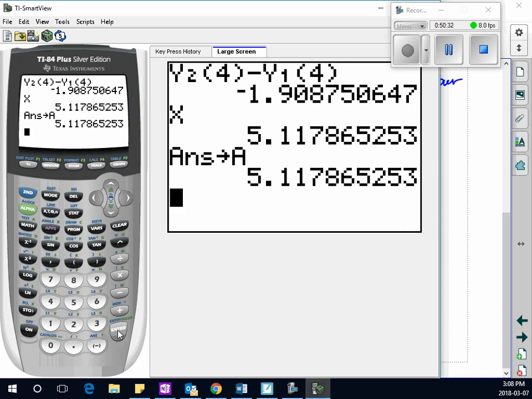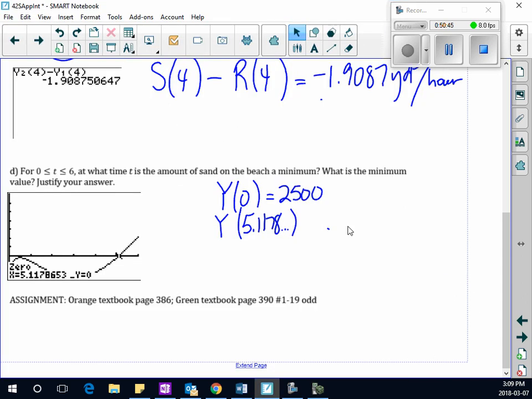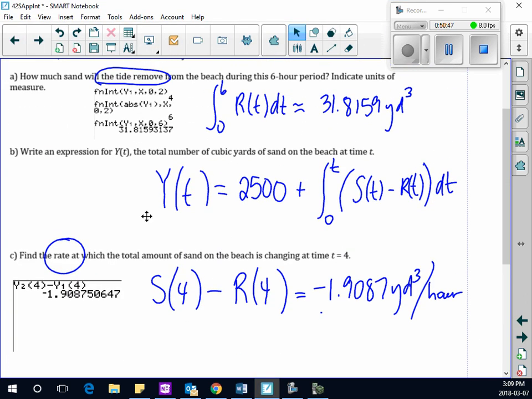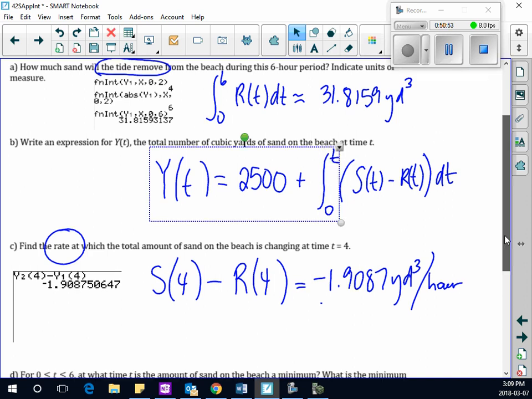Now I need to figure out what it is at 5.118. So it's going to be this function from 0 to 5.118 of this. Yes?